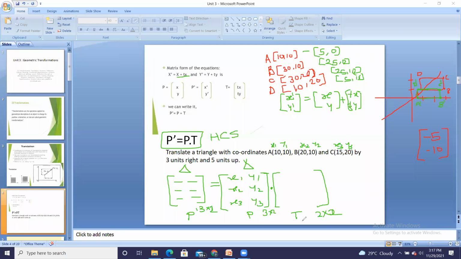Right. For that purpose, we are going to use homogeneous coordinate system in which the matrix, instead of a two-dimensional matrix, we are going to add one more dimension to it, which is called your third factor.